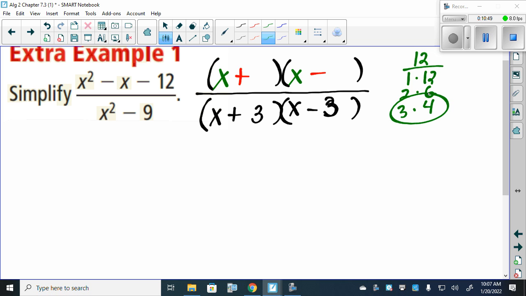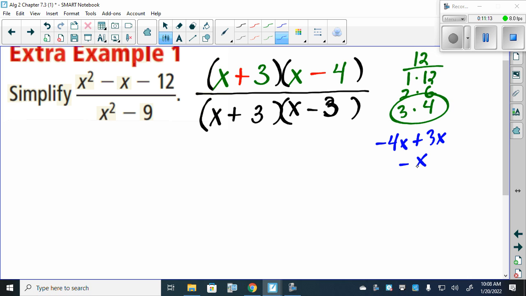Would the 3 be positive or negative? Positive. And if we check this here, x times negative 4 would be negative 4x. 3 times x is going to be plus 3x, which does give us a middle term of negative x, which we wanted. So that is the correct set of factors.